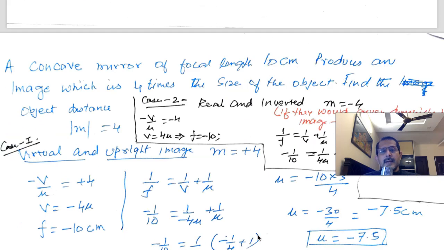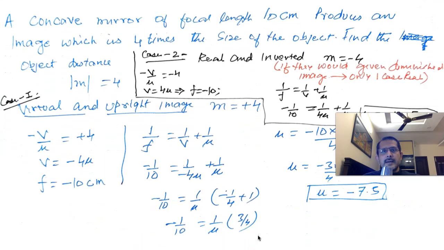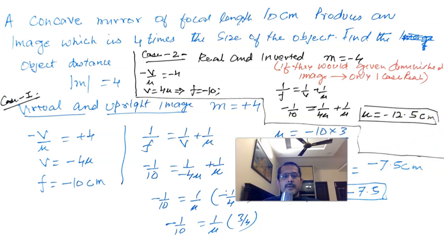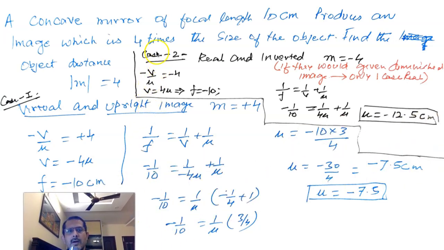Let me go ahead and do one more question related to it. A concave mirror of focal length 10 centimeter produces an image which is 4 times the size of the object.